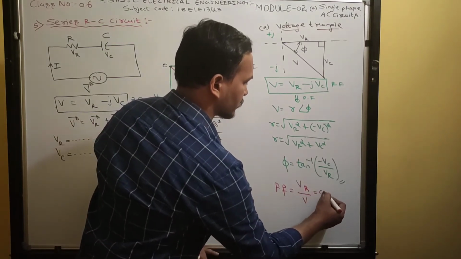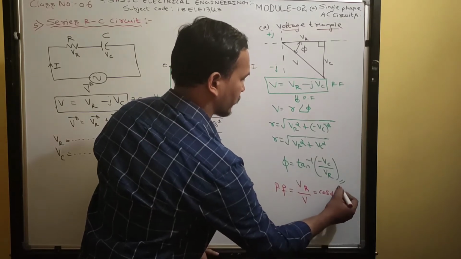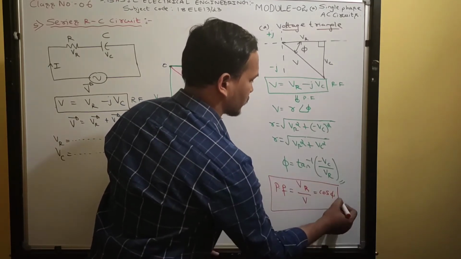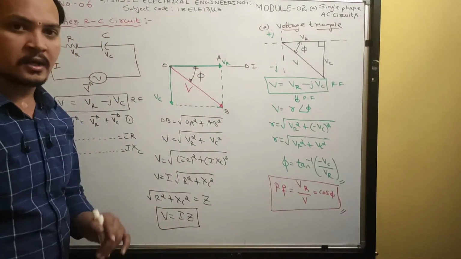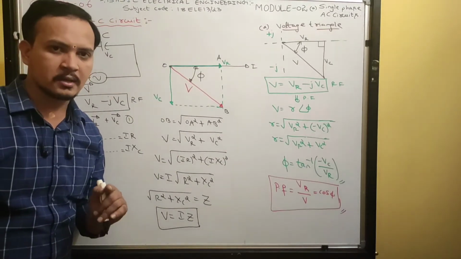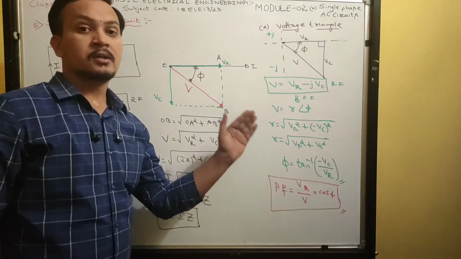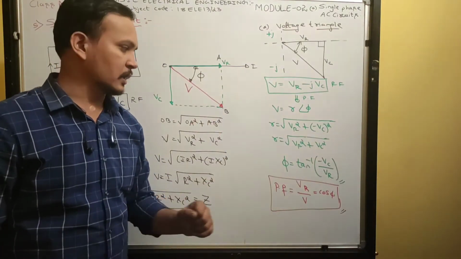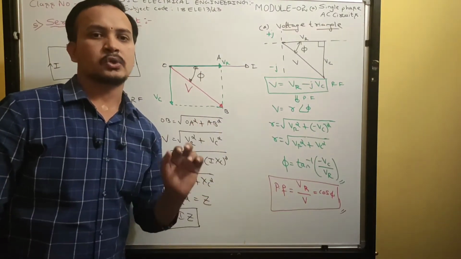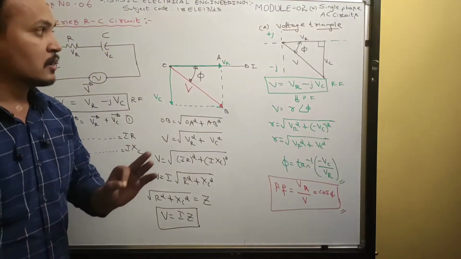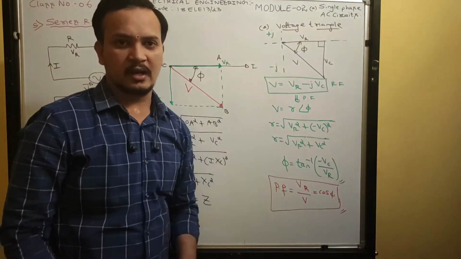V. So this is nothing but cos pi, power factor. Power factor is defined as cosine of the angle between voltage and current. Same equation we got in series RL circuit, there also VR by V. So we can calculate power factor by knowing the voltage values.